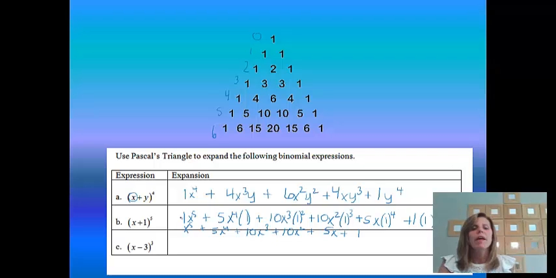So that would be that expression expanded. And notice, instead of multiplying that out 5 times, I do believe that was much, much faster if you can get the pattern down.